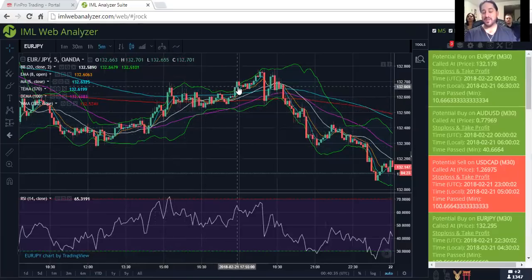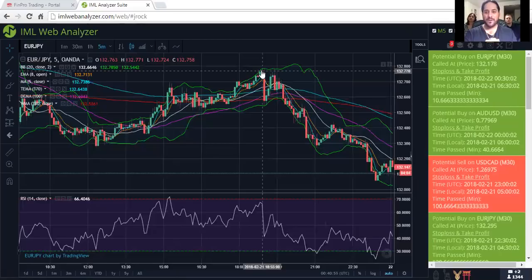Then if it gets really far and takes off and runs 30 or 40 or 50 pips or even 70 pips, I will just take profit, close the trade, and wait, because it's not very often that a trade will run 150 points. A lot of times it's going to run 50 or 60, and then what does it do? It comes right back down, or it goes right back the other way.